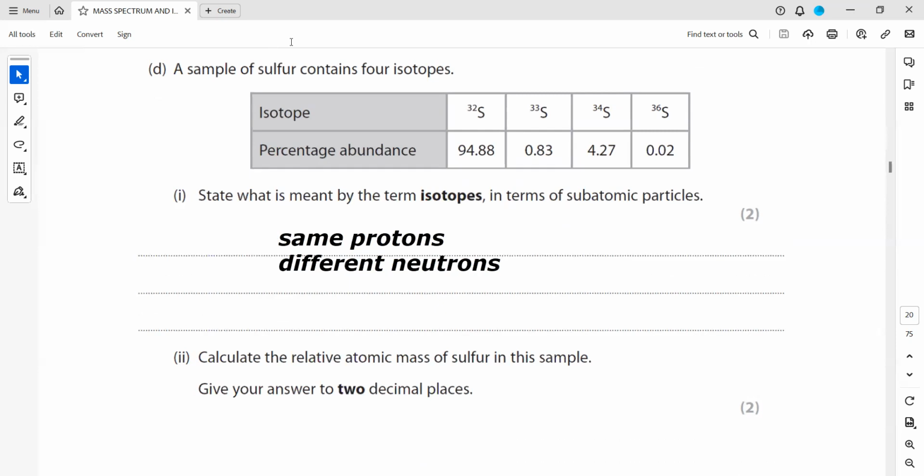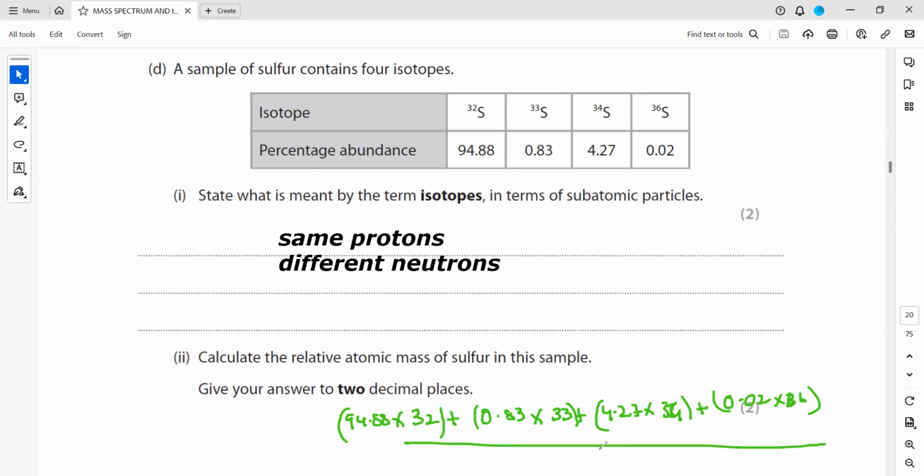Then calculate the average mass of sulfur. So how do we work out the average mass? The percentage of the isotope multiplied by its mass, plus the percentage of the isotope multiplied by its mass, plus the percentage of the isotope multiplied by its mass, plus the percentage of the isotope multiplied by its mass, and the total is divided by 100.